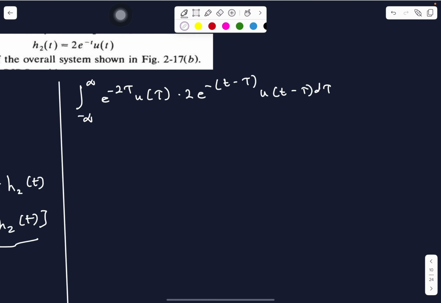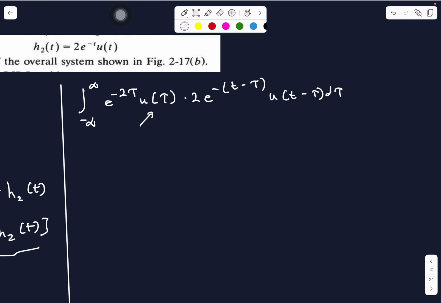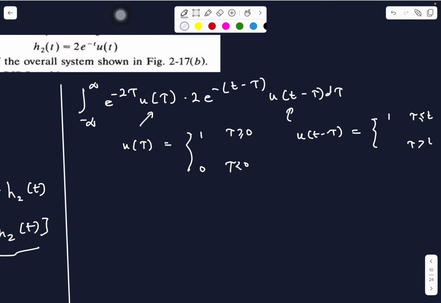So let's find the limits. These are the restricting functions. So we have u of tau is equal to 1 for tau greater than or equal to 0, and it's 0 otherwise. And u of t minus tau is equal to 1 for tau less than or equal to t, and for tau greater than t it's 0.